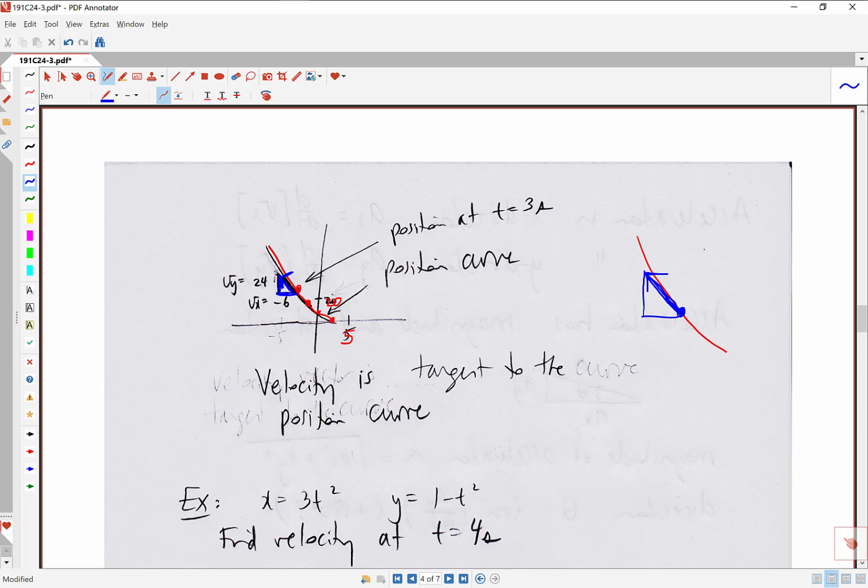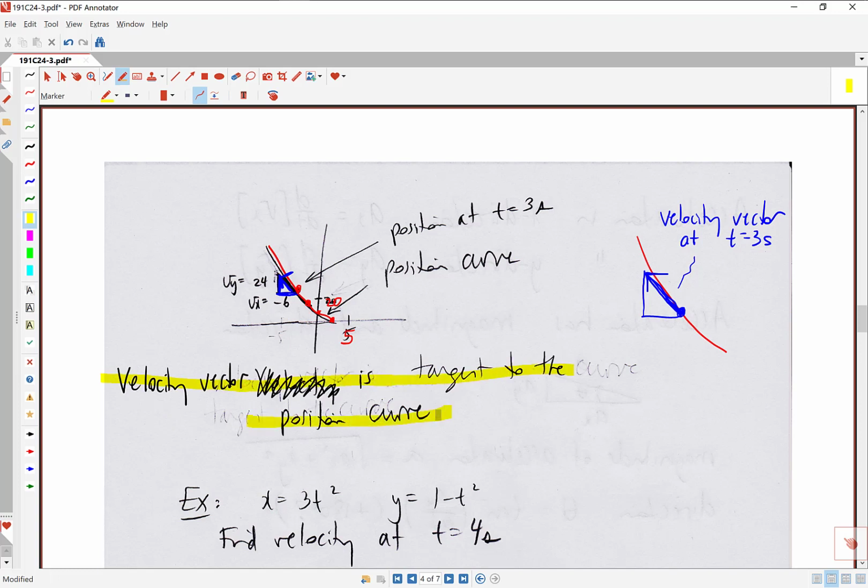So the velocity vector at t equal 3 seconds. What we're trying to get at from this picture is the fact that the velocity vector is tangent to the position curve. Rather than saying velocity, it might be better to say velocity vector. It's sort of implied because velocity is a vector, but we're just trying to highlight the geometry here, that the velocity vector is tangent to the position curve.